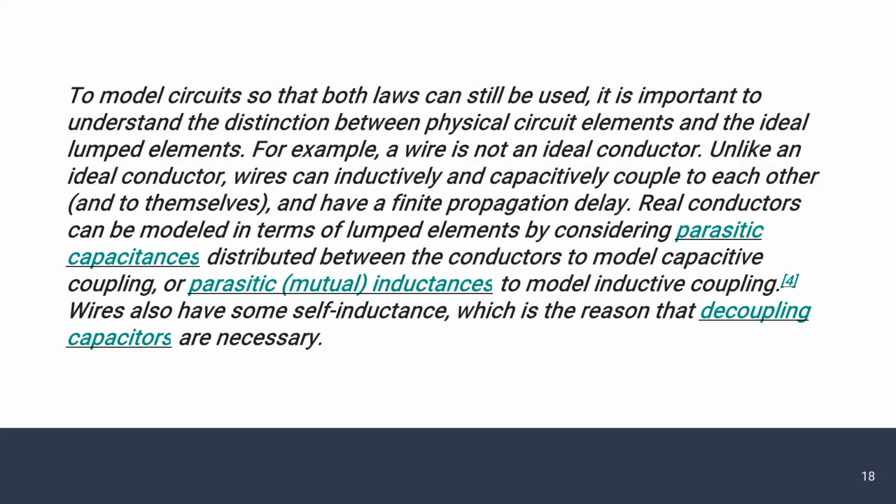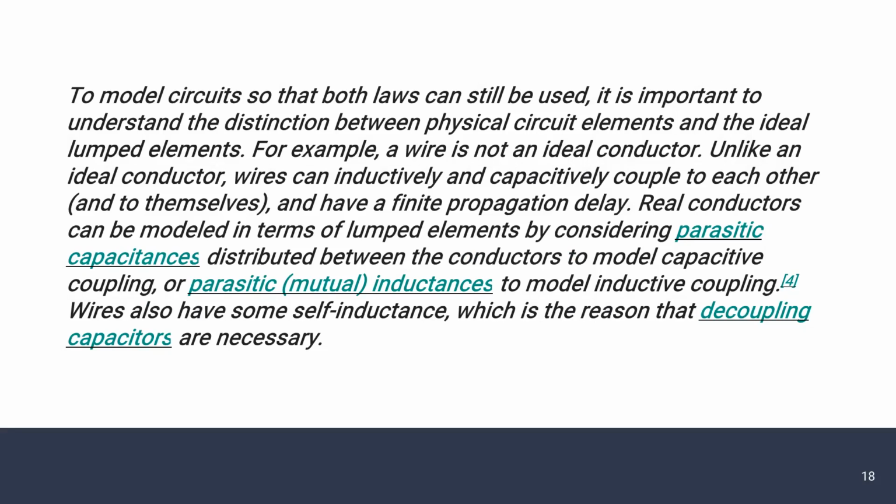To model circuits so that both laws can still be used, it is important to understand the distinction between physical circuit elements and the ideal lumped elements. For example, a wire is not an ideal conductor.